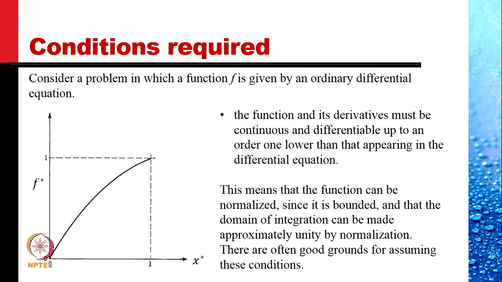It can be shown that for the function and the derivative to be of order 1, the function and its derivatives must be continuous and differentiable up to an order 1 lower than that appearing in the differential equation. This means that the function can be normalized since it is bounded, and that the domain of integration can be made approximately unity by normalization. There are often good grounds for assuming these conditions.